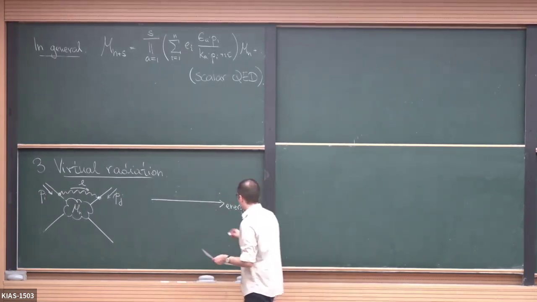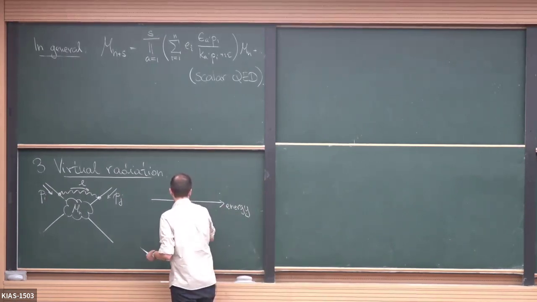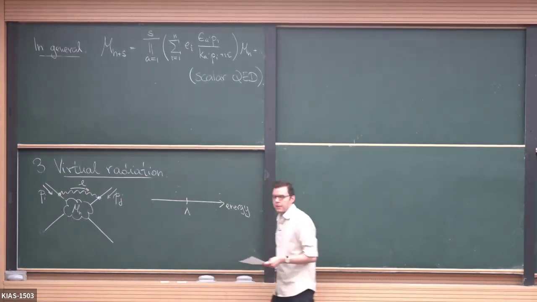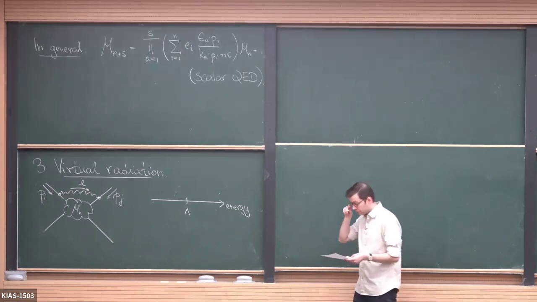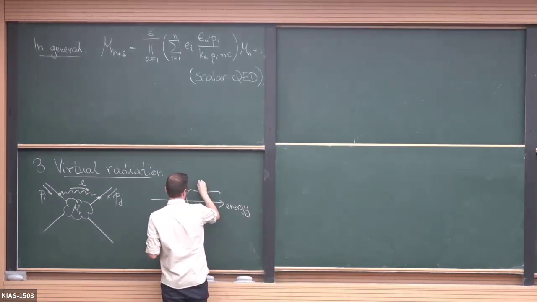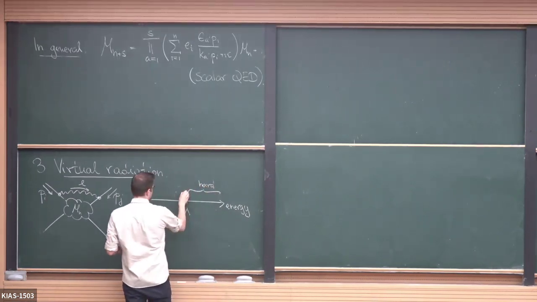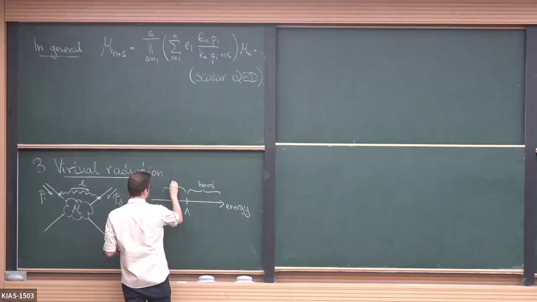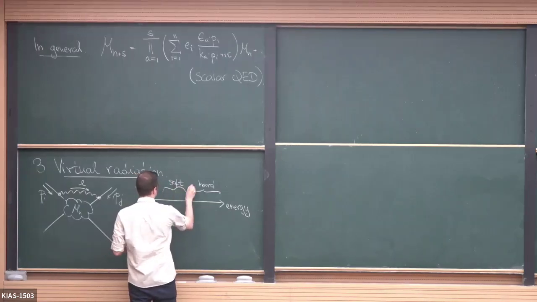I'm going to create an arbitrary cutoff, capital Lambda. Everything above this cutoff, I'm going to call hard by definition, and everything below this cutoff, I'm going to call soft.